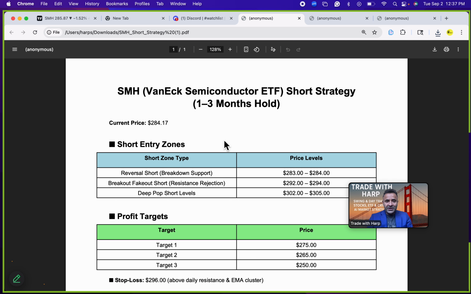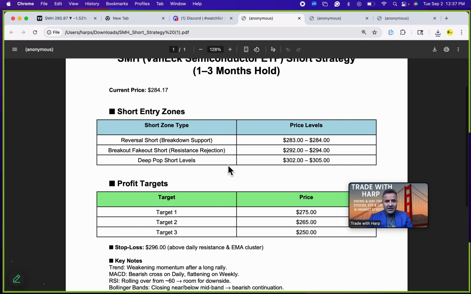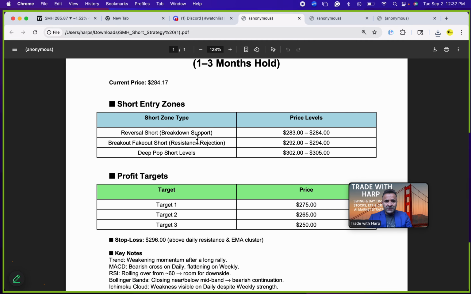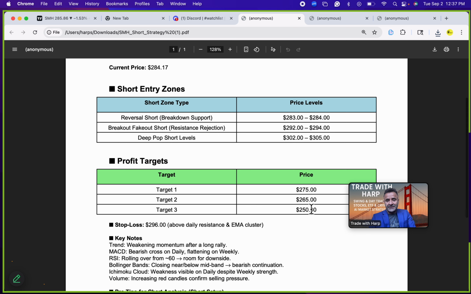So for here, the reversal short is 283, 284. If I'm going to play short on SMH, my targets will be 265, 275, and 250. Exactly the same as we discussed on the basis of chart analysis.